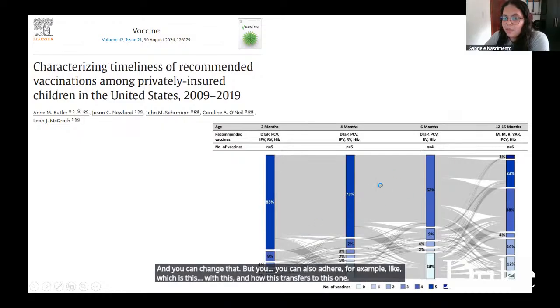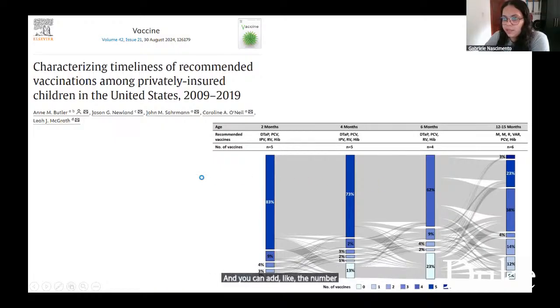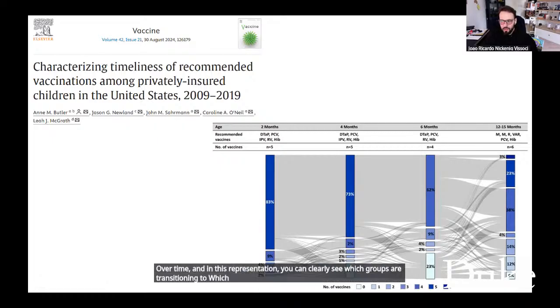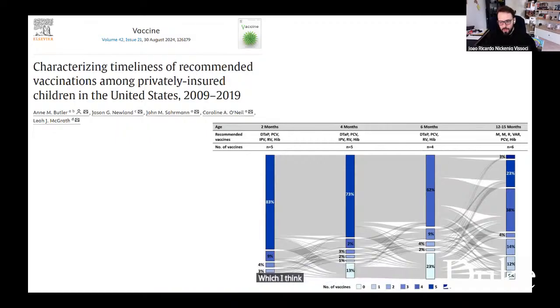And you can add like the number or something like this. Yeah, this is a very interesting representation of how things change over time. And then in this representation, you can clearly see which groups are transitioning to what groups over time, which I think is a very interesting representation.